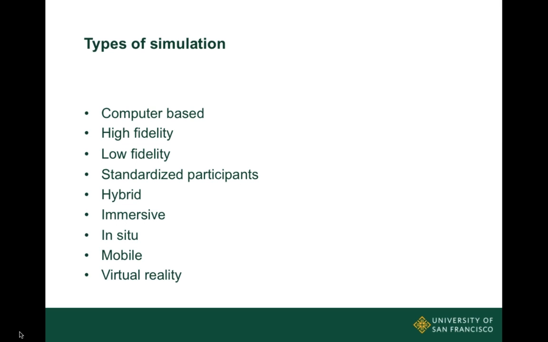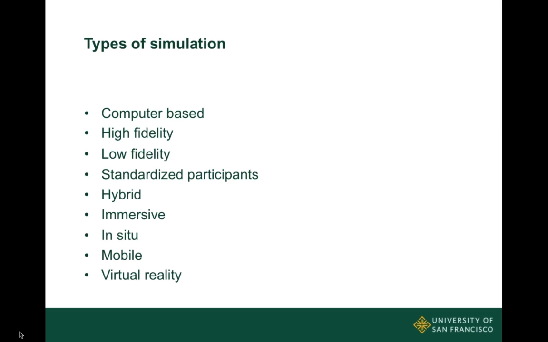Low fidelity could be a mannequin in a bed that doesn't have all those bells and whistles, and you're really doing a scenario around team building. You could have a task trainer that's just an arm or a torso, which would be lower fidelity than the full-blown mannequin. Standardized participants or standardized patients, also known as SPs, are very high fidelity in my mind.